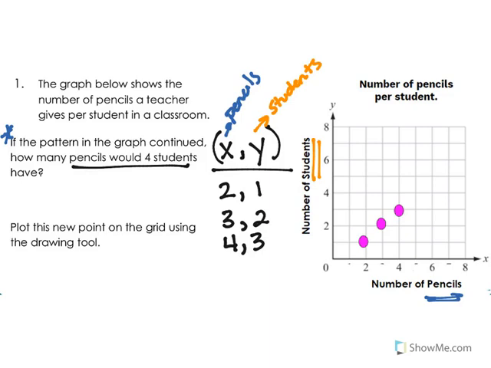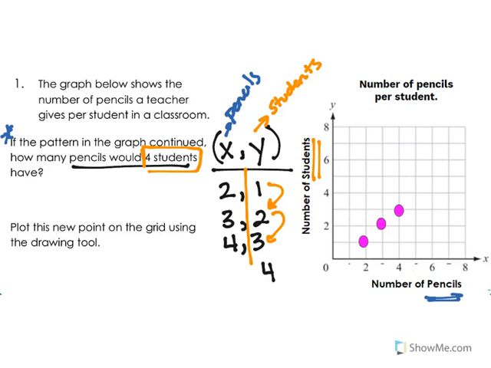So I want to know how many pencils 4 students would get. I'm going to look at the column with students. That's my y coordinates. I can see it's increasing by 1 every time. So 1, 2, then I would have 4 students. So now I have 4 students.